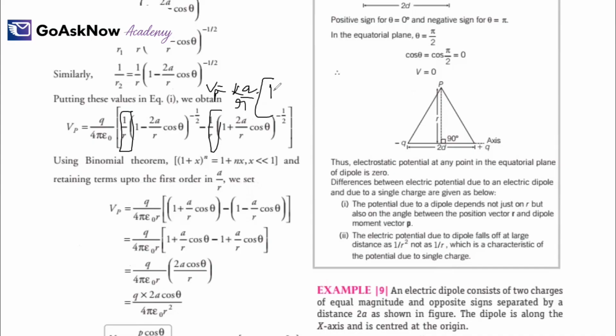What you will get: 1 minus, minus of 1 by 2, into minus of 2a by r cos theta. So 2 and 2 will be cancelled out, and you will be remaining with 1 plus a by r cos theta in the bracket. That is why it is coming like this only.